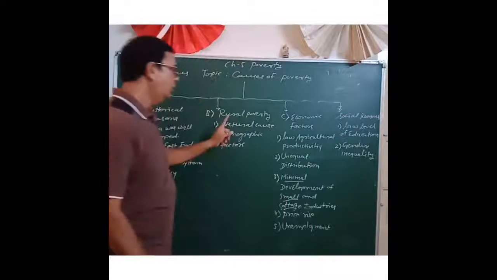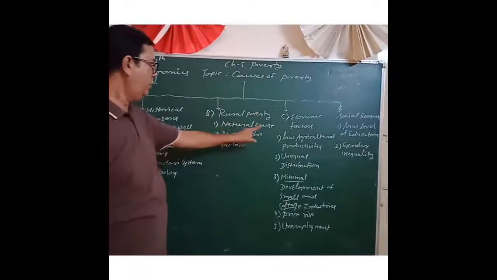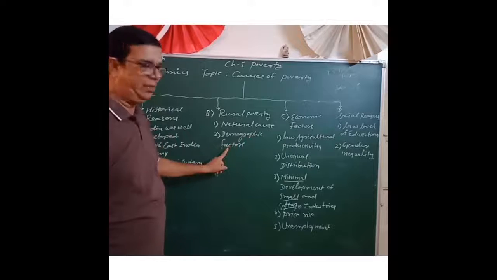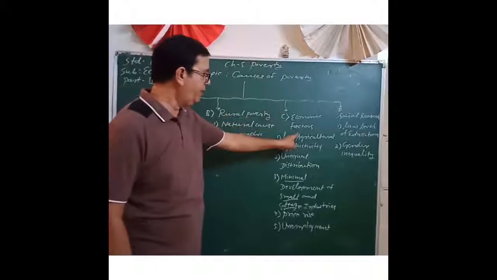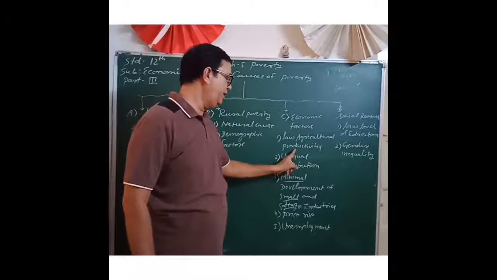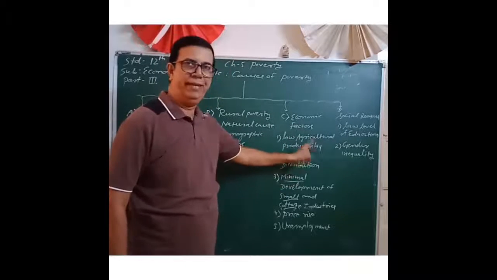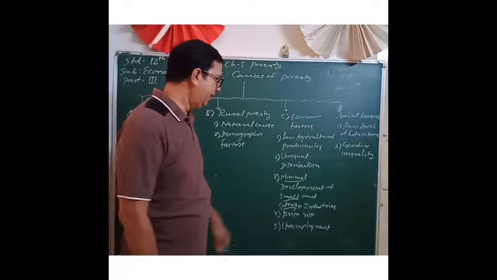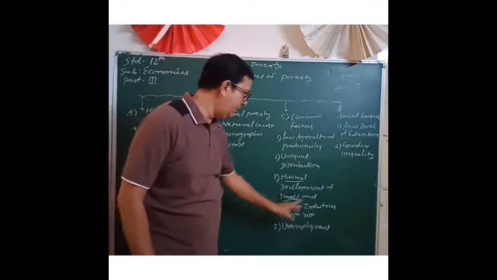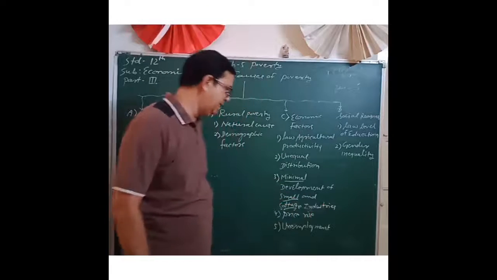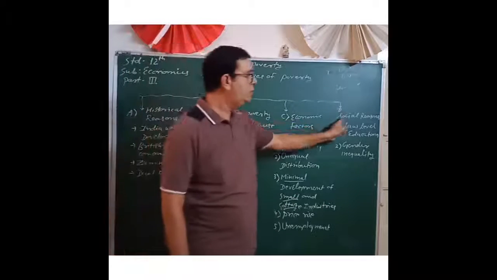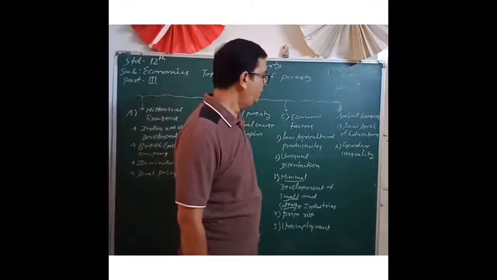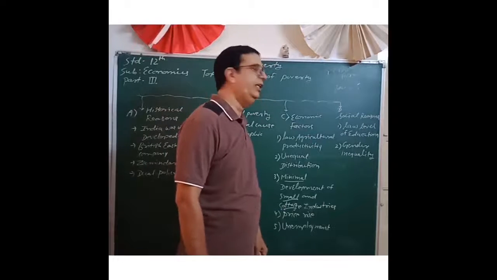Second is rural poverty, natural causes and demographic factors. Demographic means high population. Then the economic factors: low agricultural productivity, unequal distribution of land and property, minimal development of small and cottage industries, price rise and unemployment. After that, social reasons: low level of education and gender inequality.